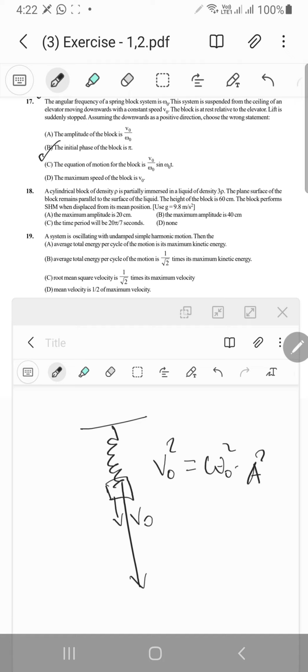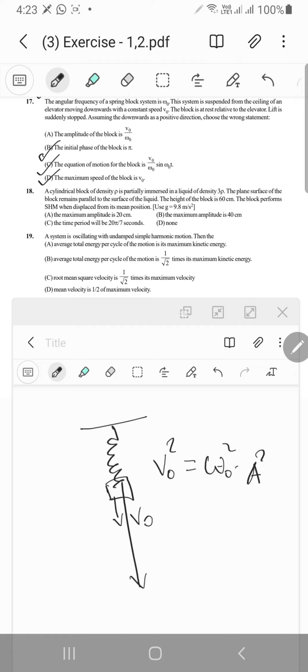We know what the amplitude is, so yes, that looks correct. The maximum speed of the block is v naught. Yeah, that is also correct.